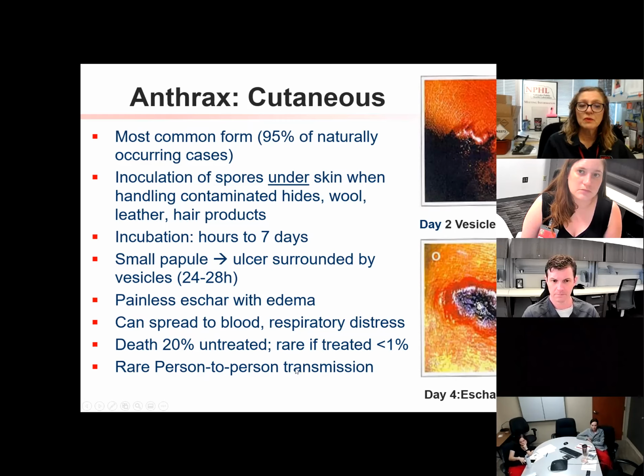And the thing we want to remember, especially back in the day when there was the anthrax scare, is that it is not contractable from person to person. You cannot have a patient in the hospital and the physician or the nurse or whoever works with that person get it.